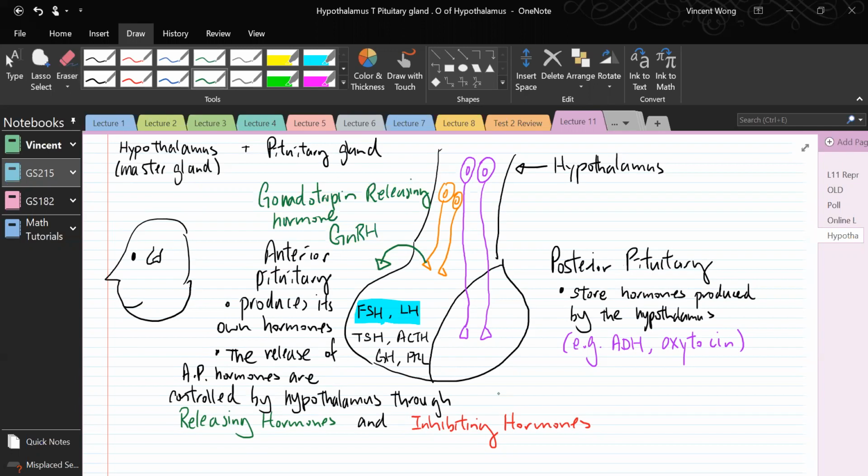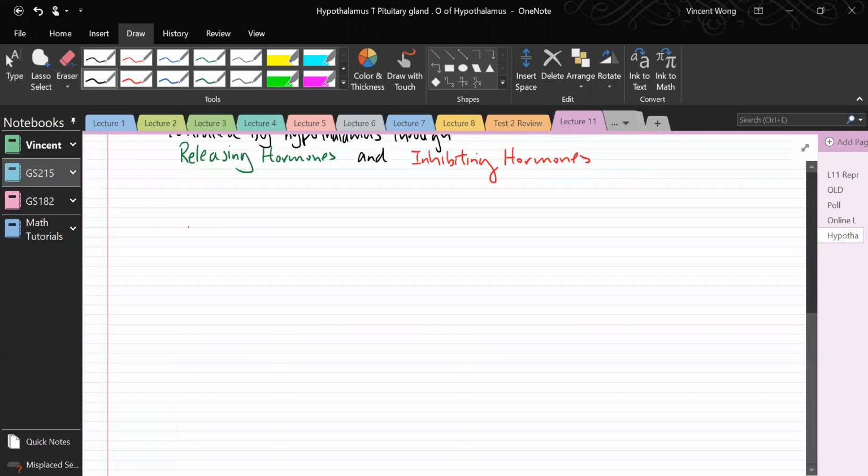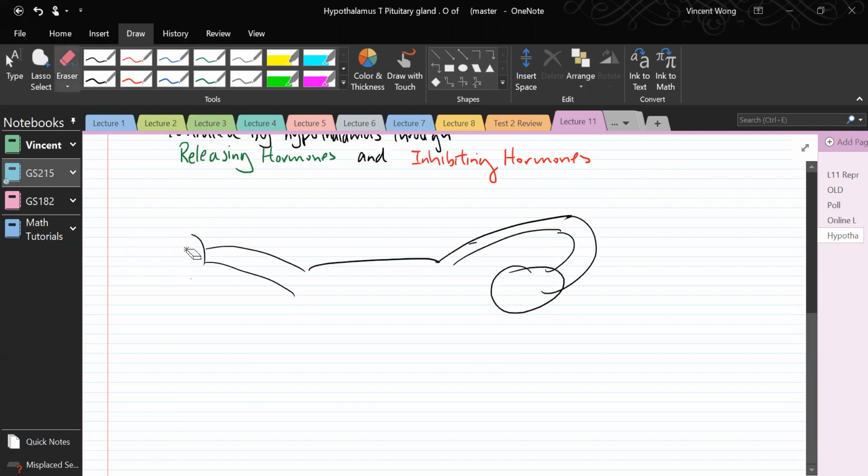Okay. So let's take a look at the ovaries. So here is the ovary. We have the fallopian tube. There's going to be the other ovary on the other side. Technically, it's supposed to be like this.